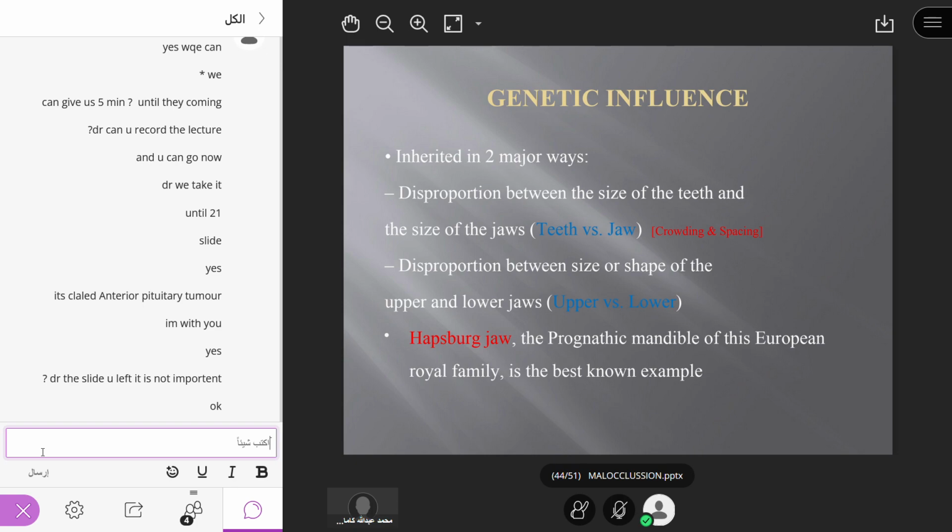Sometimes the jaw size is bigger and teeth are normal in size. Sometimes the jaw size is smaller and teeth are bigger in size. Habsburg jaw is also an example of mandibular prognathism, right? The prognathic mandible of this European royal family is the best known example, and it is considered a genetic influence.